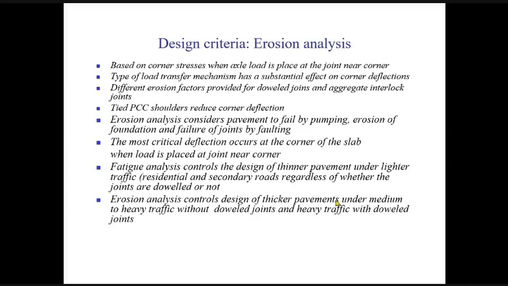If you are going for thicker pavement, then erosion analysis will control, and if you are going for thinner pavement, then fatigue analysis controls. If the total is more than 100%, then you have to redesign, and if it is less than 100%, then you have to reduce the thickness.